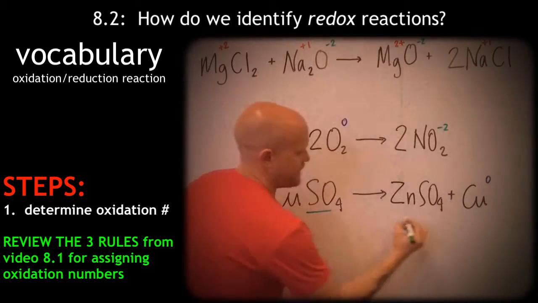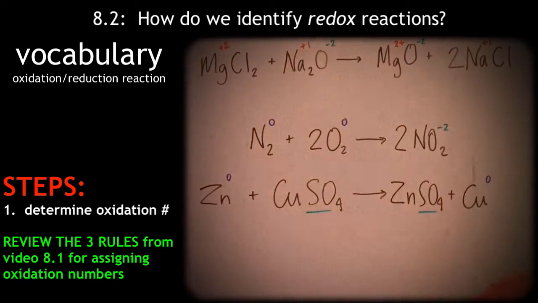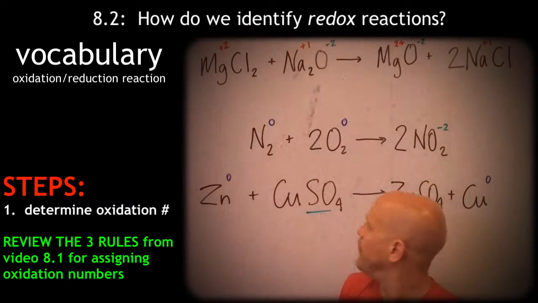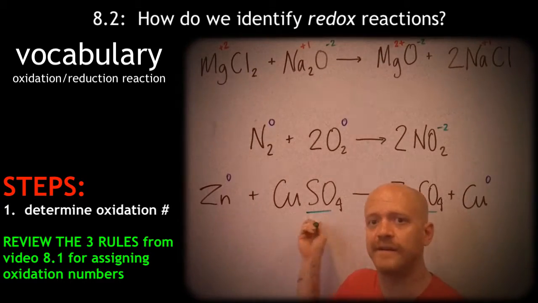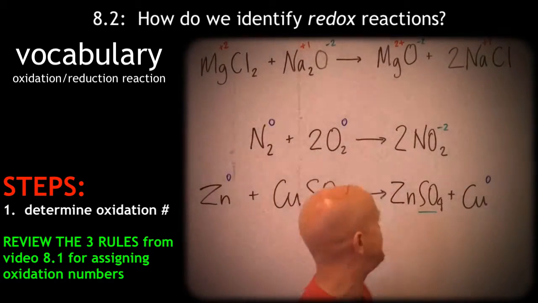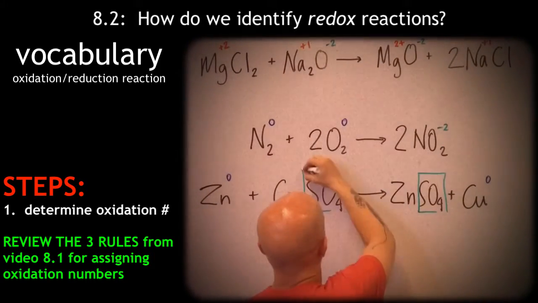Now I'm going to tell you a little trick about these two. Sit down for this. You notice, sulfate is here, sulfate is here. I'm not going to do anything with it yet because this is a table E polyatomic ion and it doesn't change identities.